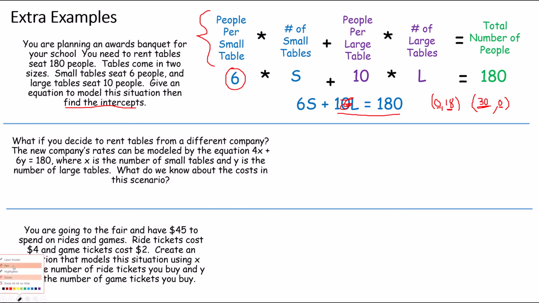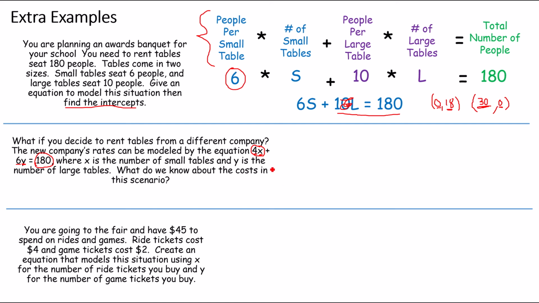A couple things I want to point out here. This seems to indicate a cost times the number of small tables. This seems to indicate a cost times the number of large tables, which would make this a total cost.